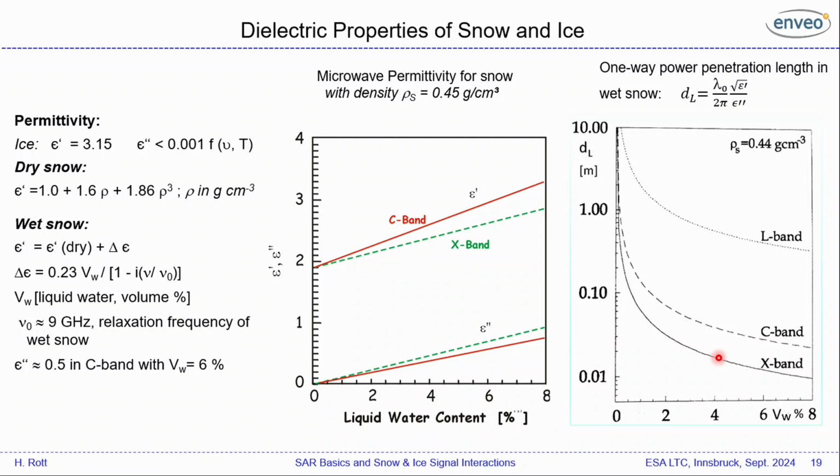We have penetration depths on the order of only about 2 centimeters, and in C-band about 5 or 6 centimeters, and then in L-band it's a bit more, but still below 1 meter.